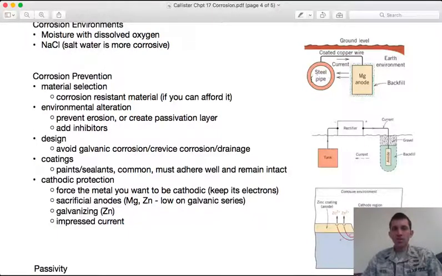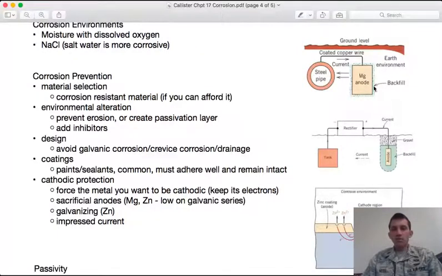Instead of having iron oxidize, I have magnesium oxidize and give up its electrons to the steel, which becomes the cathode. And so I am intentionally sacrificing this magnesium material to protect the steel pipe.